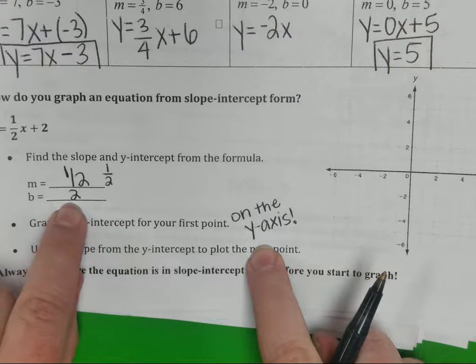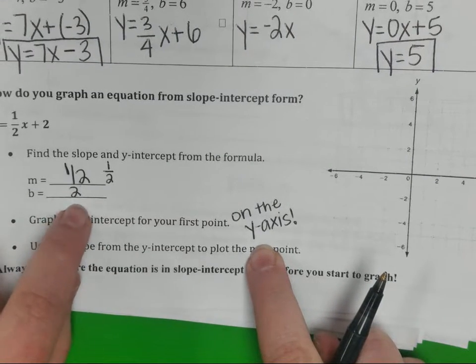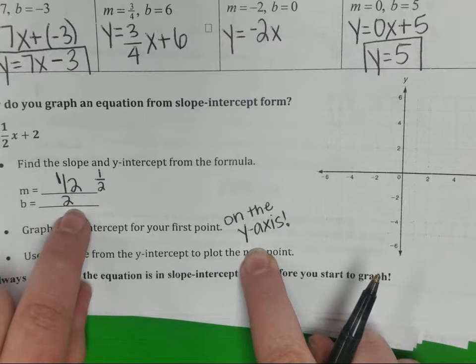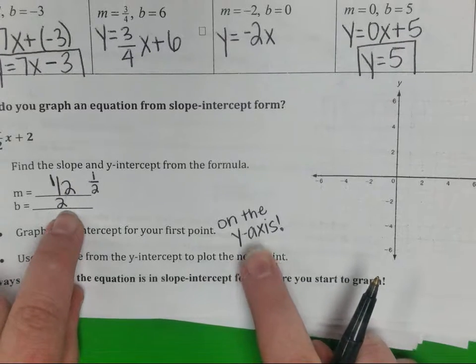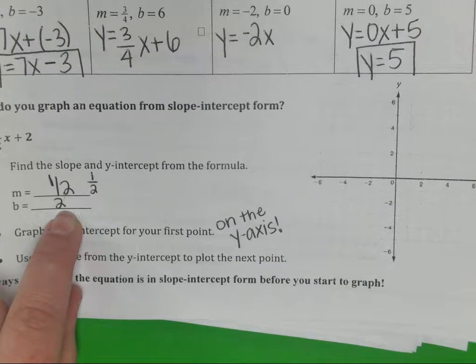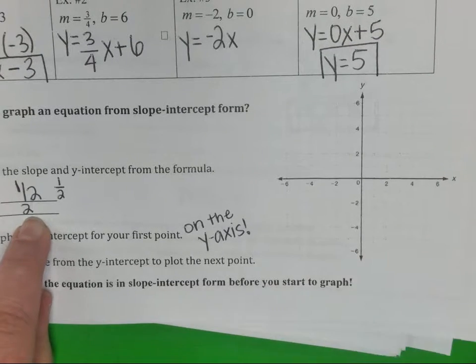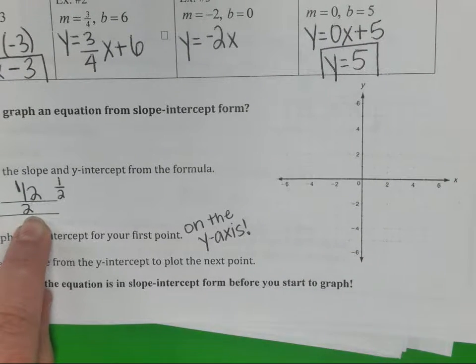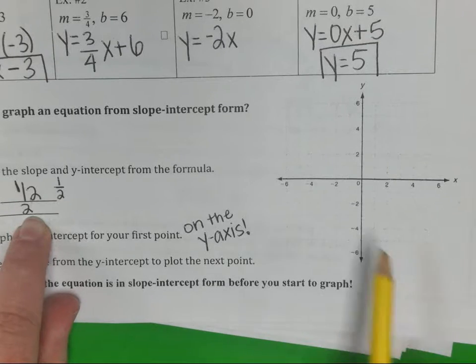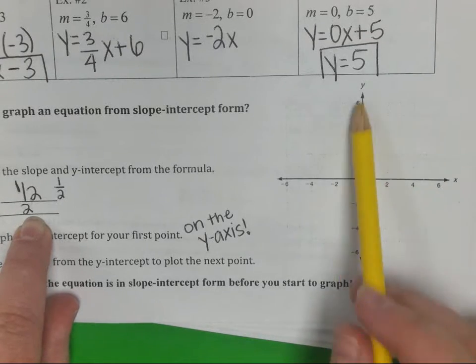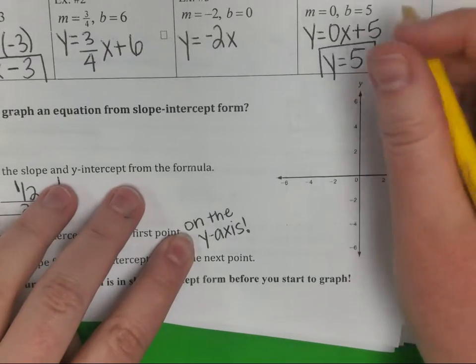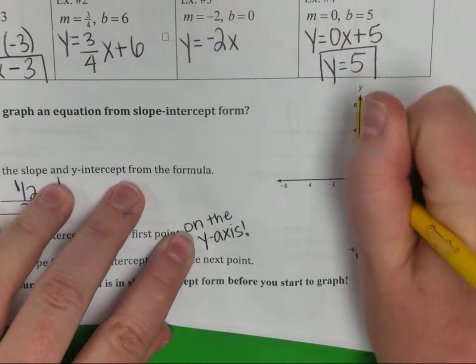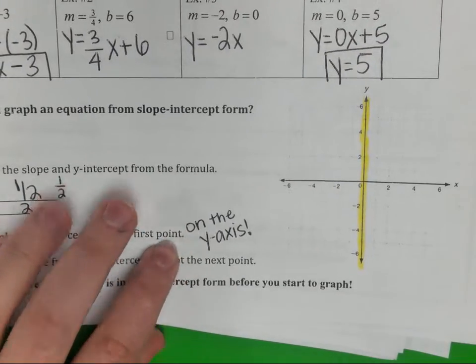So if B, or the y-intercept, is 2, where is our first point going to go? On the right side? Where's the y-axis? Oh, no, it's not on the right side. Which one of these is the y-axis? This one or this one? The vertical one, the up and down one. So this is our y-axis.